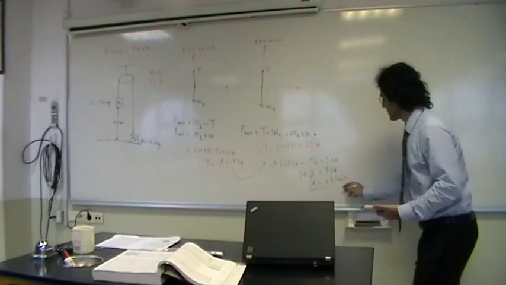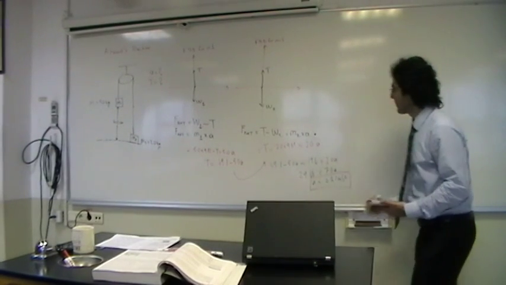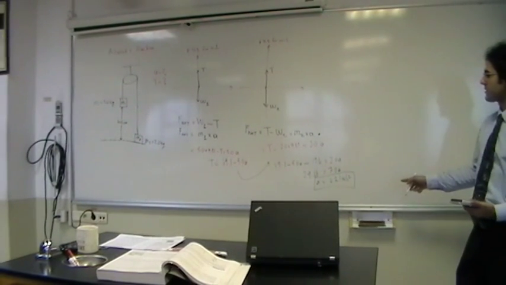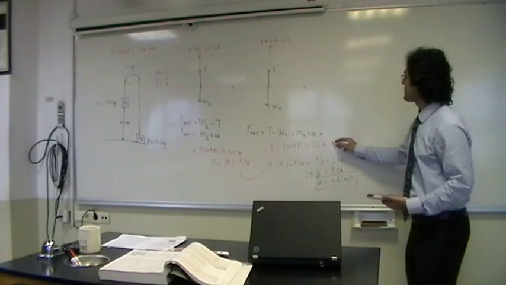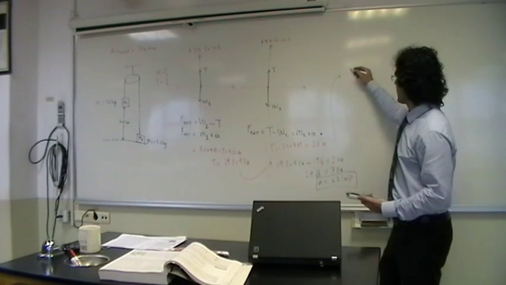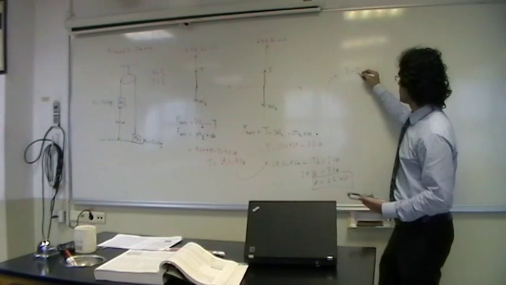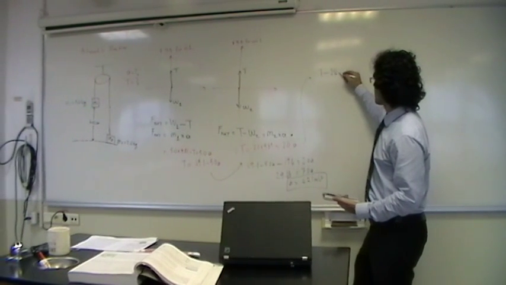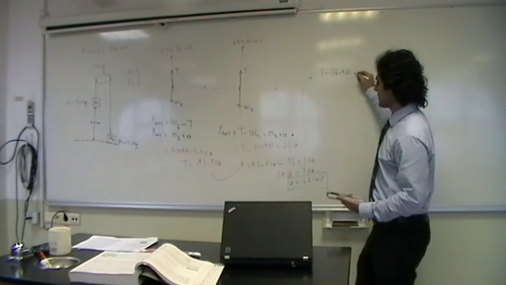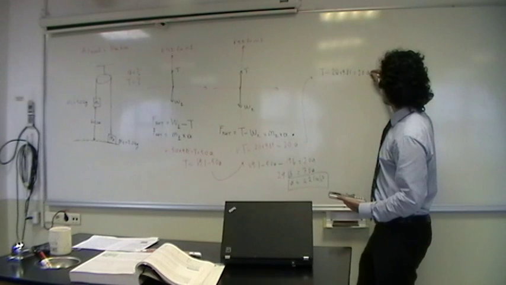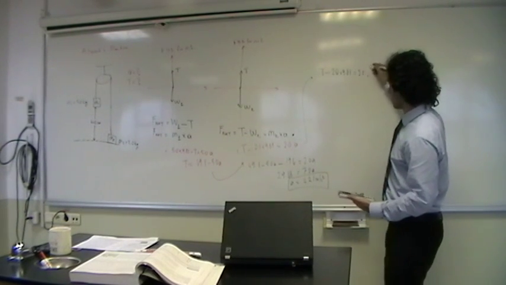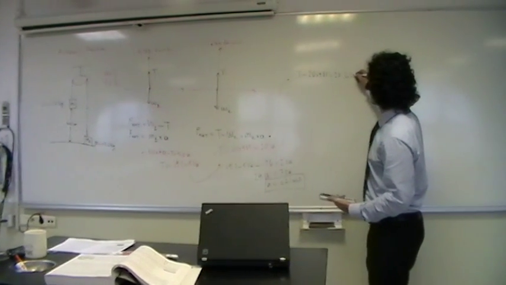So I have found the acceleration. You can insert this acceleration value in any of the equations. I will insert it over here. Tension minus 2.0 times 9.81 is equal to 2.0a. A I have found, which is 4.21.